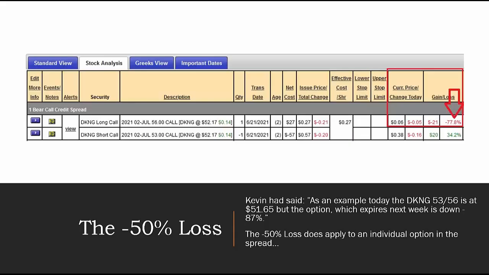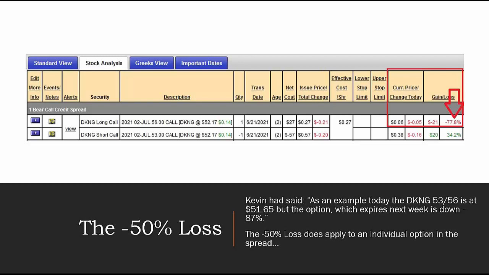Now, regarding Kevin's direct question, 50% loss on the position. Kevin had said, as an example, the DraftKings 53-56 is at 51.65. It's not technically at our 1% rule. But the option, which expires next week, is down 87%.